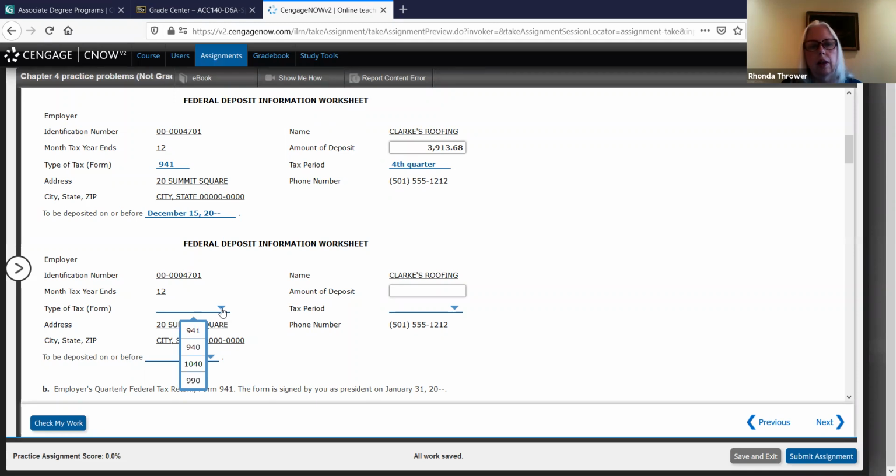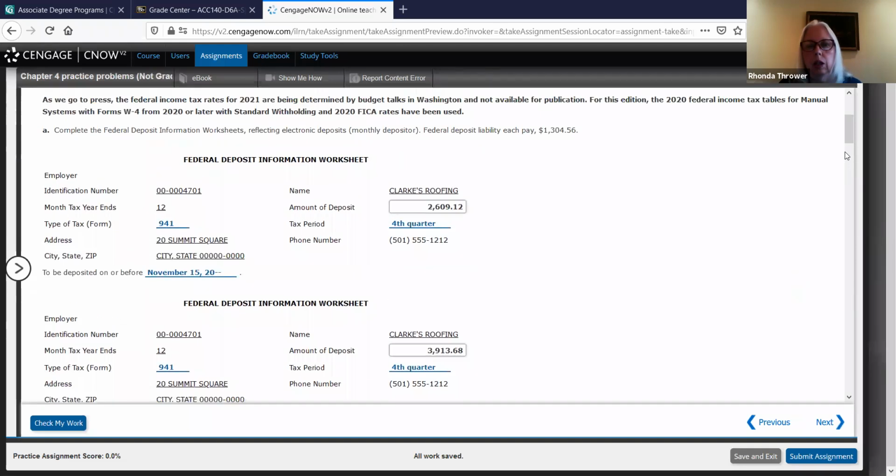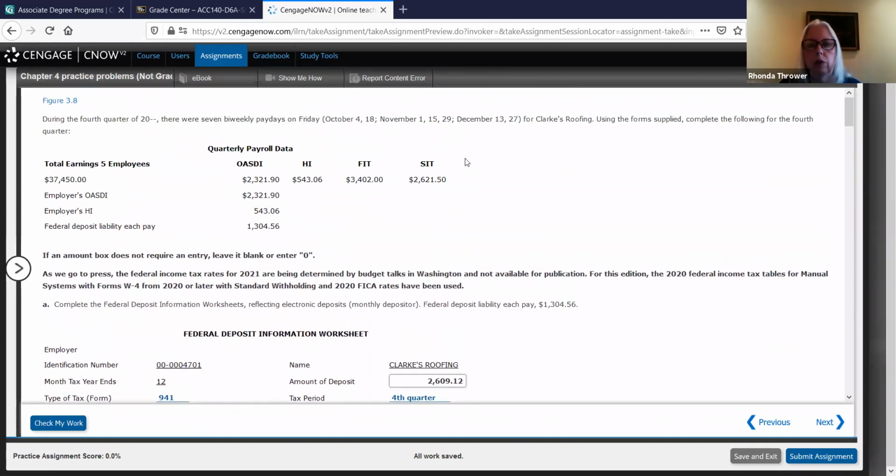Again, in the next part, we're doing the same thing. We're going to pick up the 941 form that we're going to be preparing. All this information is going to end up on the 941 form. The pay periods that we have remaining are for December. There were 2 of them, the 13th and the 27th.